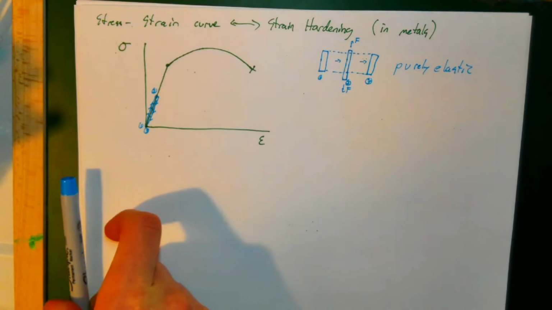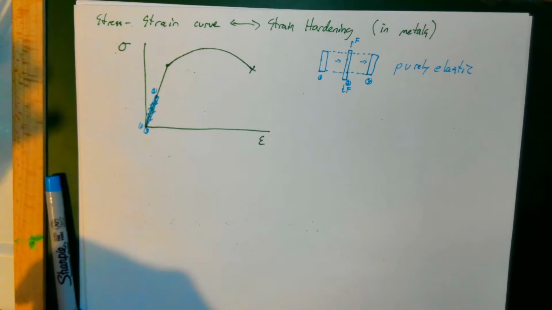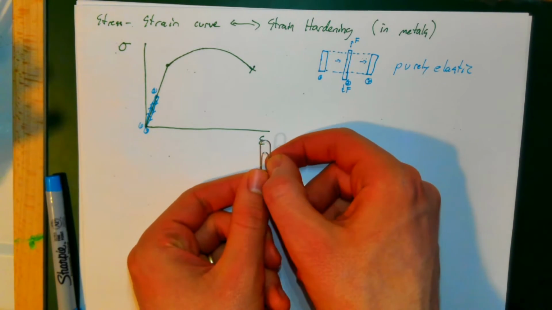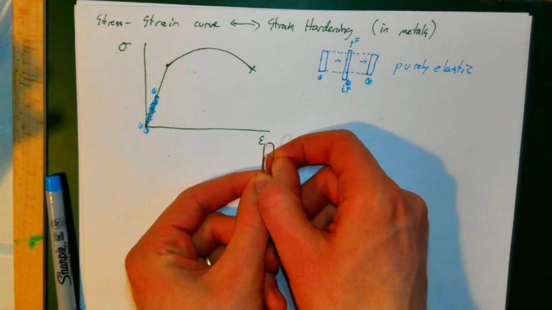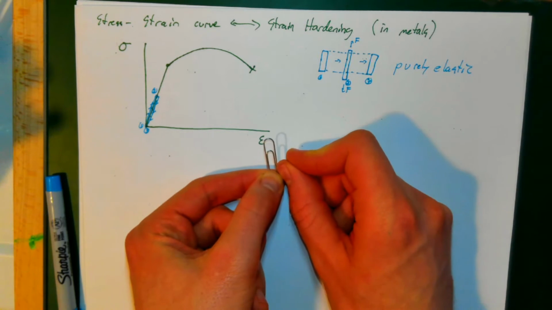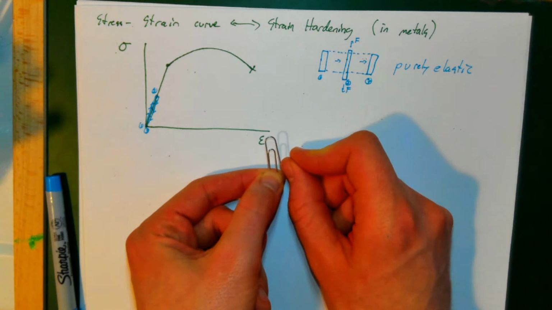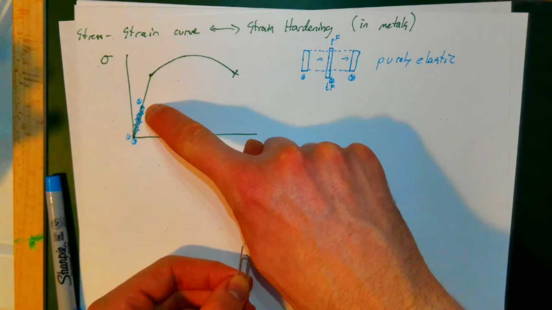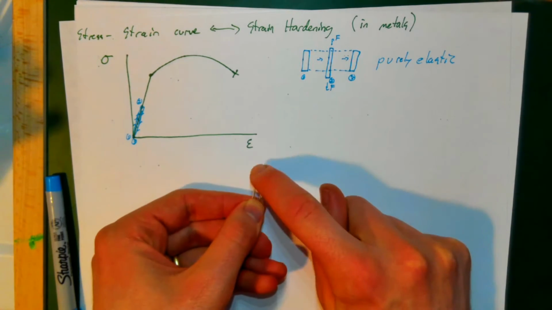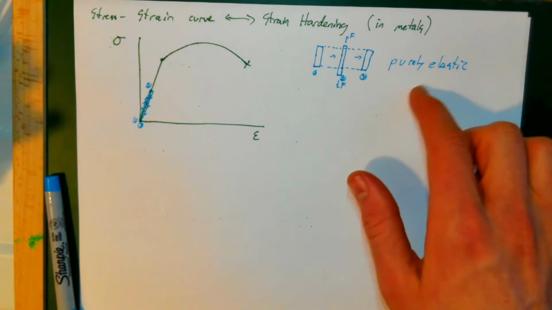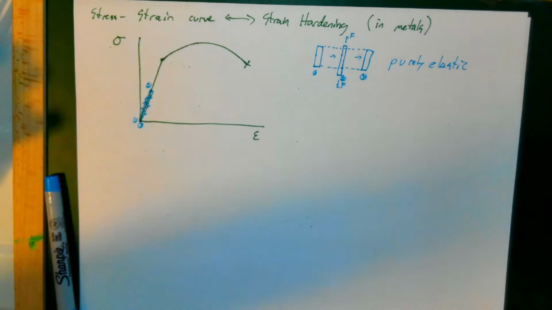And if you remember, we observed that not in pure tension, but in bending with the paperclip. Again, if I bend the paperclip just a little bit, it goes back to where it was before. So I'm doing this to various parts of this paperclip right here, this purely elastic deformation.